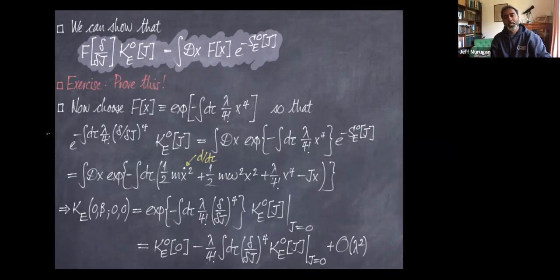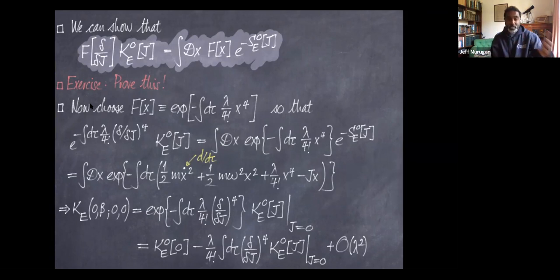All right, and to summarize, if we then know what this functional K_E^0 of J is, then we can construct an order by order expansion of the propagator, of the Euclidean propagator, K_E.